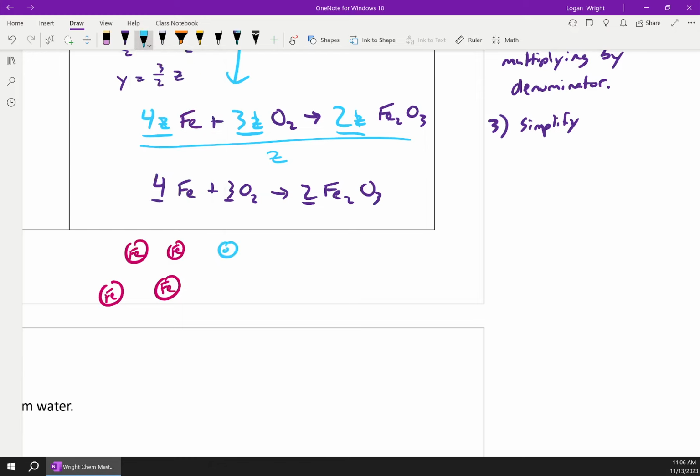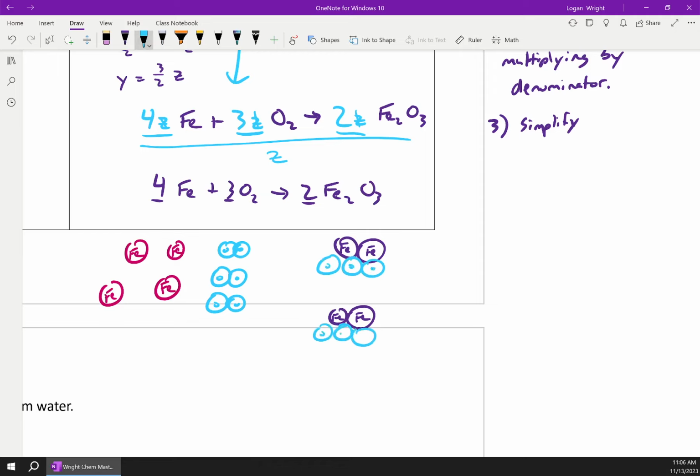I have 1, 2, 3 oxygen molecules. And I'm creating 2 molecules that have 2 irons and 3 oxygens.